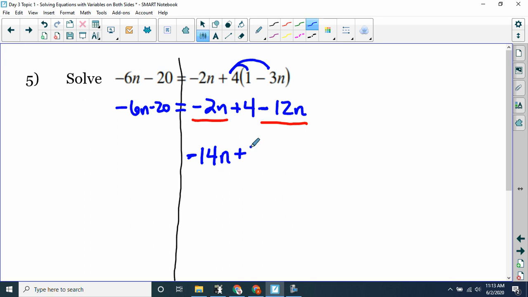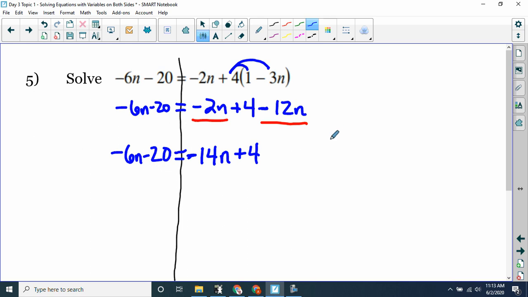And I've got this plus 4 right here. Just brought this plus 4 straight down. My equal sign comes down, and I didn't do anything at all on this side. I no longer have any like terms over here.